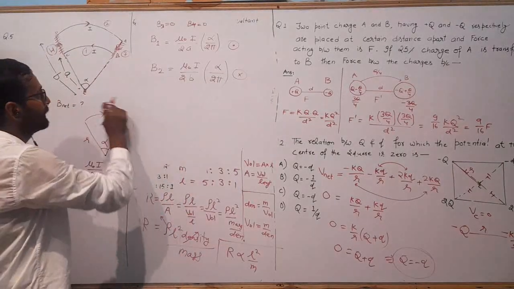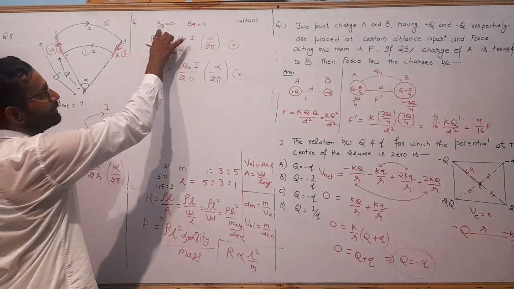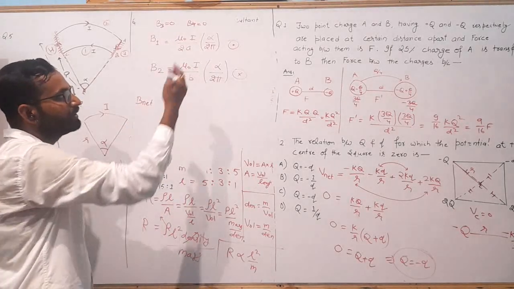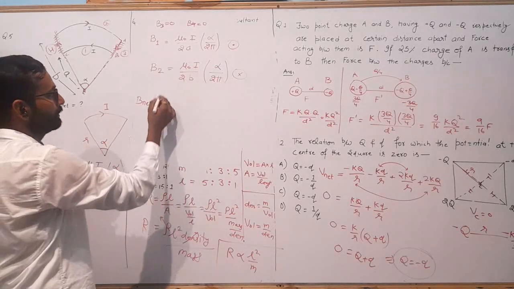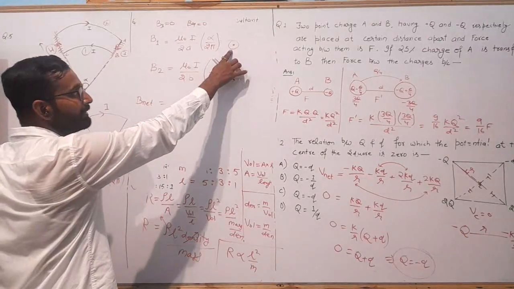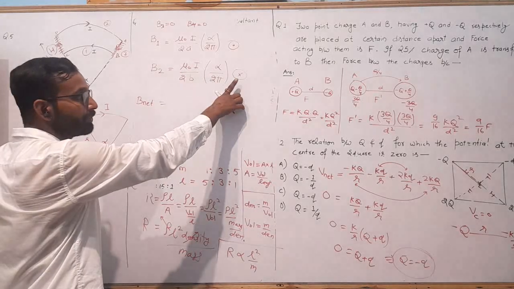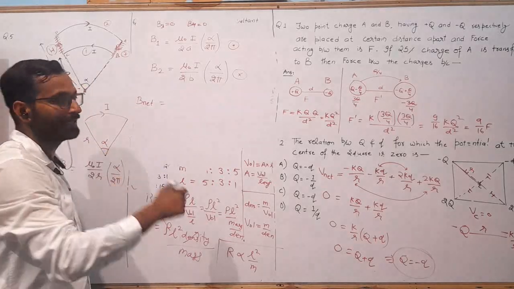Now the question is the net magnetic field. B net is the sum of B3, B4, B1, B2. B3 and B4 are 0, so we will not consider them, but these two will be considered. If we take the outward direction as positive, then since this one is going in the downward direction, we take it as negative.